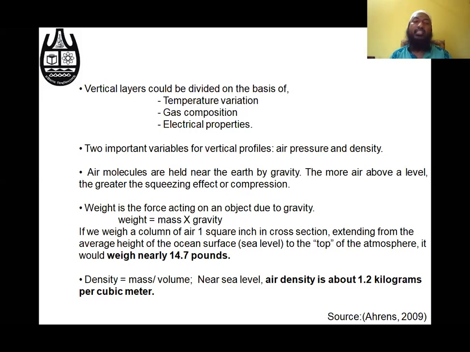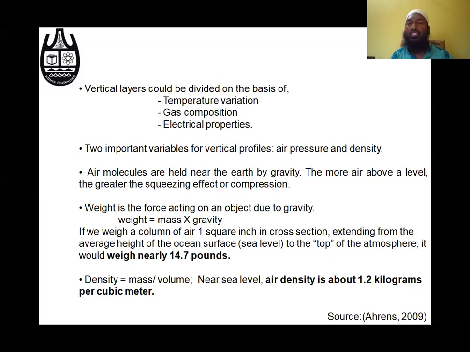But sometimes it can be electrified. That means the electrons on the molecules can be changed. Sometimes they can be lost, sometimes they can be gained from other sorts of gases, and they can become electrically charged particles. At that time we can also divide it based on their electrical properties.